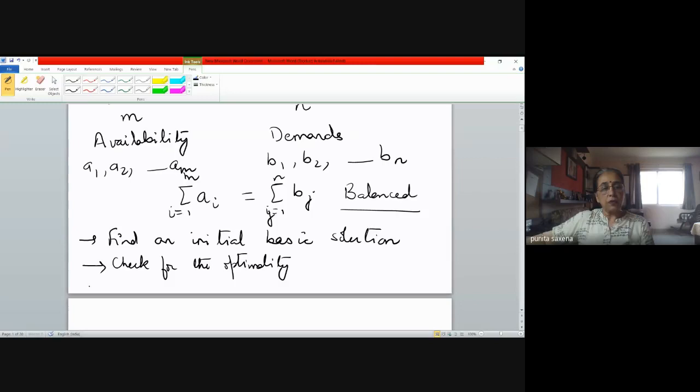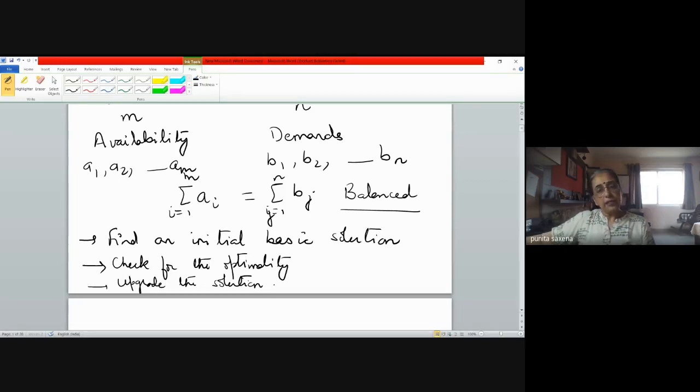If it is not optimal, then we upgrade the solution. That means we convert this basic solution into another basic solution which would improve the optimality of the problem, which would further minimize the cost of transportation. So that is the upgradation of the solution.